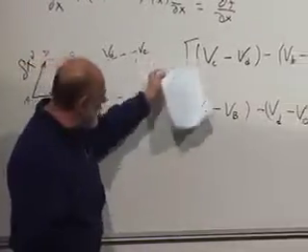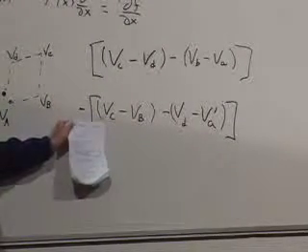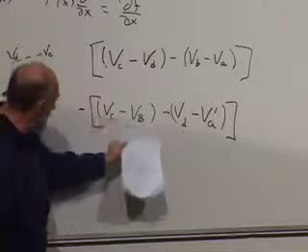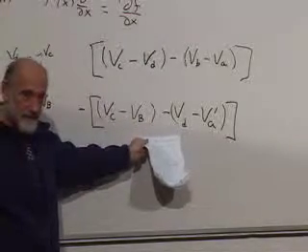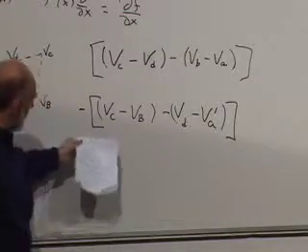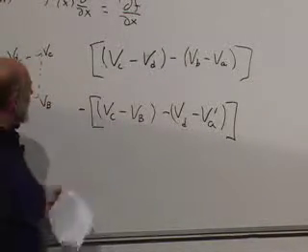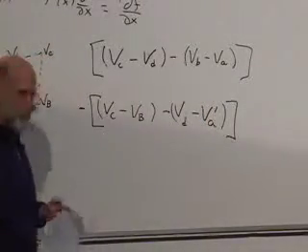Notice that VC cancels. There's a plus VC here and a minus VC here. Okay? There's a minus VD here, but a plus VD here. Two minuses make a plus. How about VB? Incidentally, upper and lowercase b are the same thing. There's a minus VB here and a plus VB here.